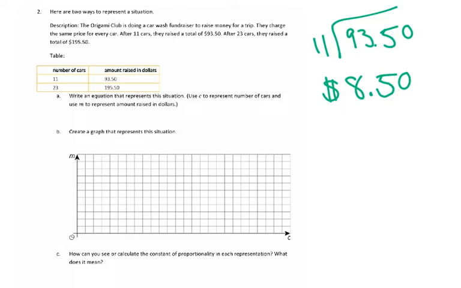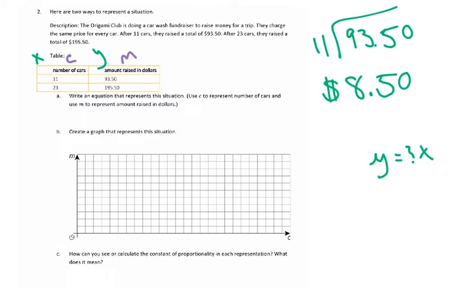Remember that they're telling us to use C, and the money is M. And this would usually be X and Y. And when we write proportional equations, we're usually writing them as Y is equal to some number, an unknown number, times X. That's usually what we get. So that's the format we want to have this in.